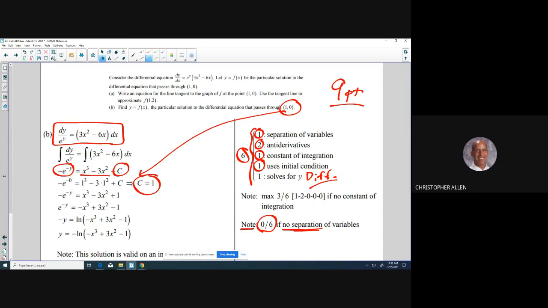And it is simply getting all of this stuff to y by itself on the left and then everything else on the right. So if you got that one, you need to pat yourself on the back because that's tough. Y equals negative natural log absolute value of negative x cubed plus 3x squared minus 1. That's your answer.